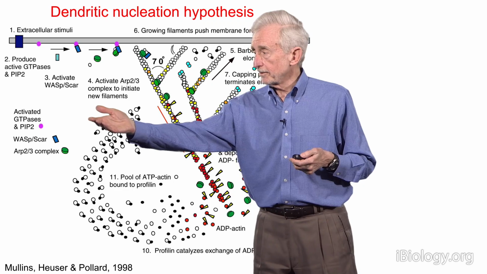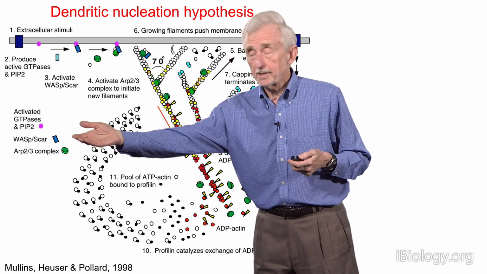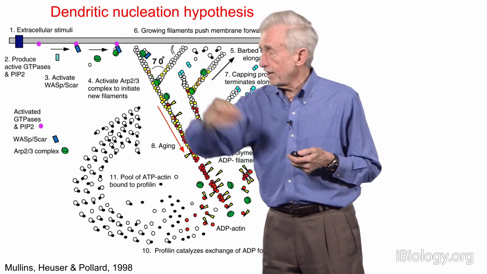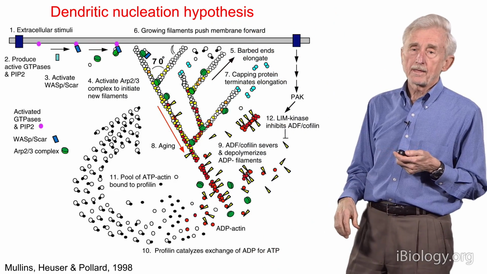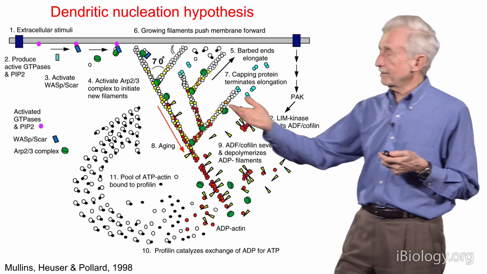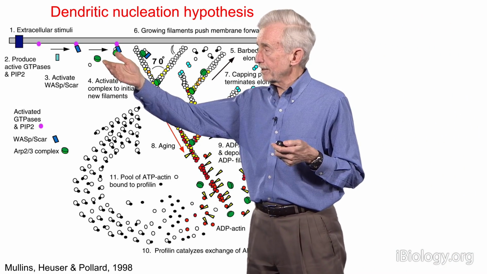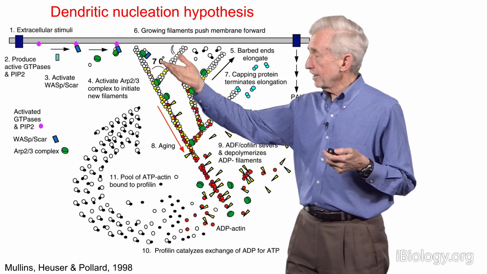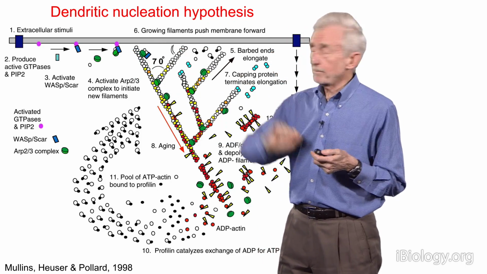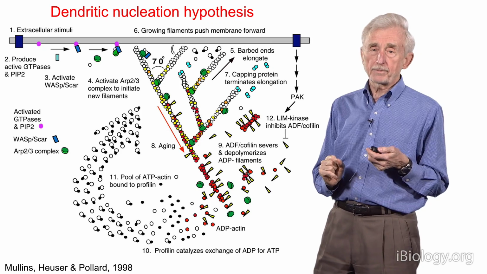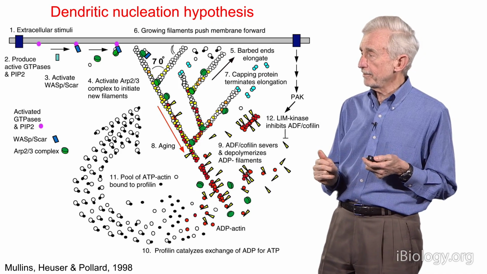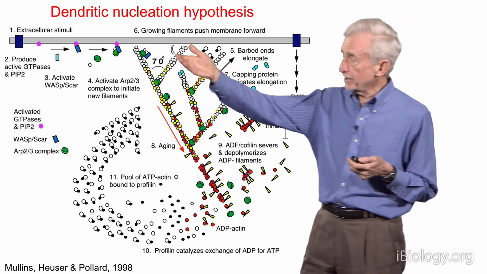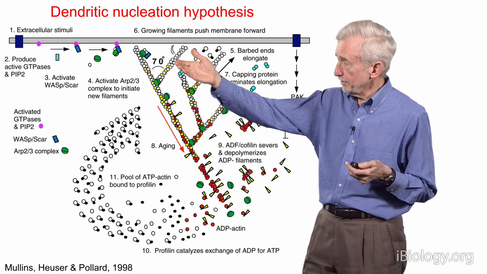These signaling molecules activate WASP/Scar proteins, turning them from an inactive state, shown in light blue, to the dark blue active state up at the top. That allows them to interact with ARP2/3 complex, shown here in green, and actin monomers, and finally, for that complex to bind to the side of a pre-existing actin filament, which completes the activation of the ARP2/3 complex and allows it to nucleate the formation of a branch, such as the one you can see right here.